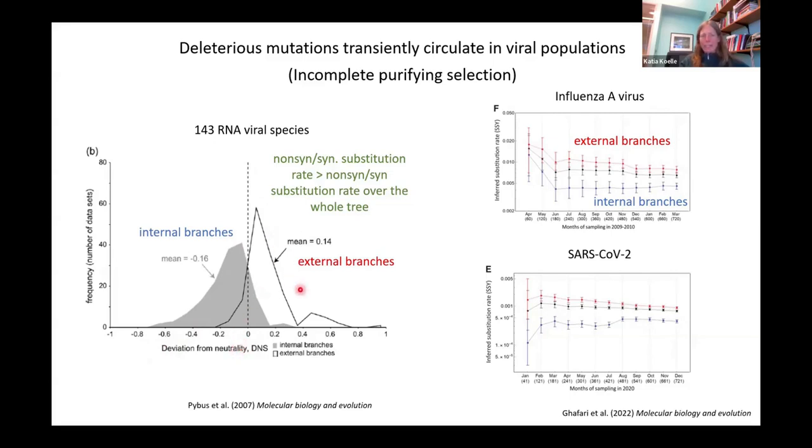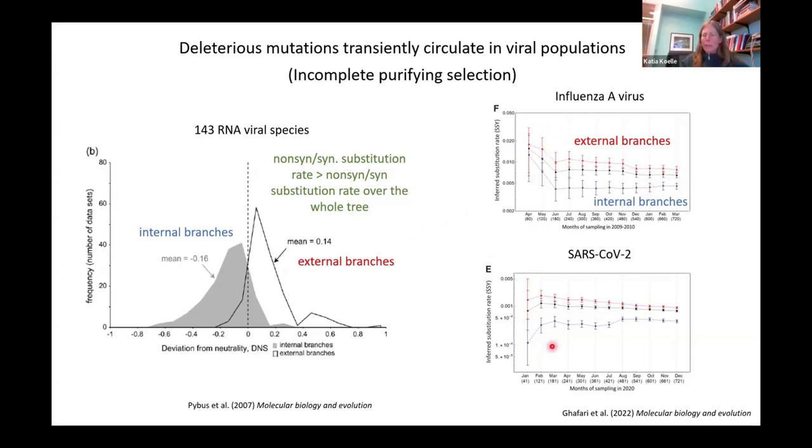All you really have to see here is that the distribution deviates from zero. What this shows is that the non-synonymous to synonymous substitution rate from external branches exceeds the non-synonymous to synonymous substitution rate as calculated from the whole tree. And so this indicates that there's incomplete purifying selection.